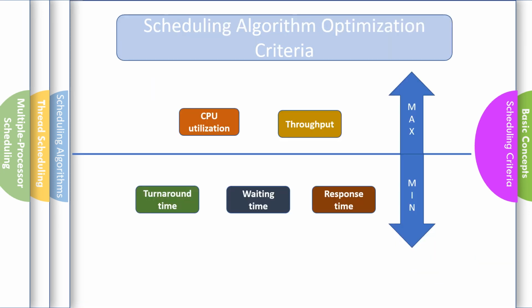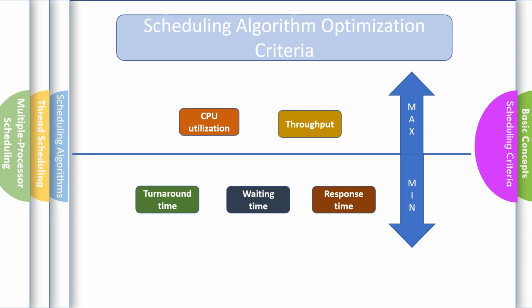Next is how we can optimize the scheduling algorithm criteria. What we need is that the CPU utilization should be maximized and the throughput should be maximized. That means the CPU should always be busy and the number of processes finishing their execution from the system should be maximum.